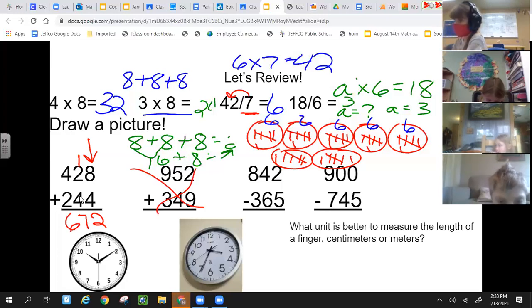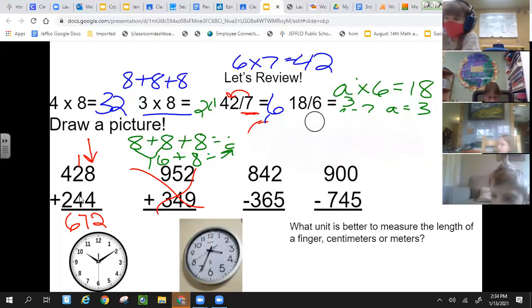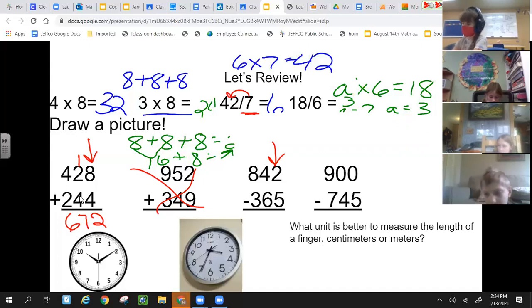So I'm going to jump right on over to 842 minus 365. Let's see, Lila Fitz, would you be willing to walk me through this one? Bird? So, 2 divided by 5 is 3. Okay, but then can I take 5 away from 2? It's smaller than.